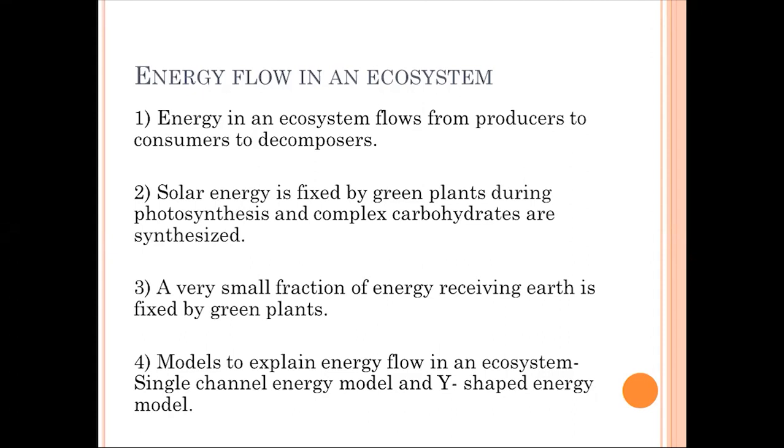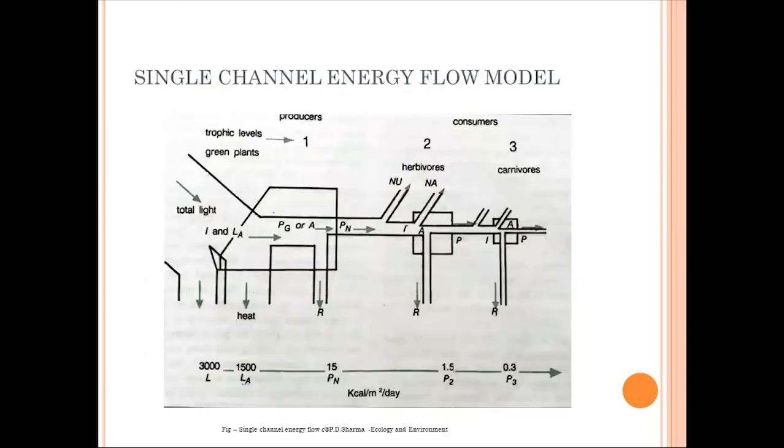by the green plants. And there are two models which explain how this energy flows in the ecosystem. The first is the single channel energy model, and the second is the Y-shaped energy model.